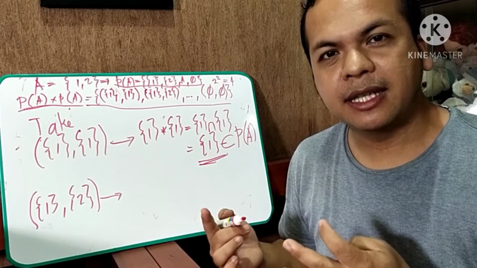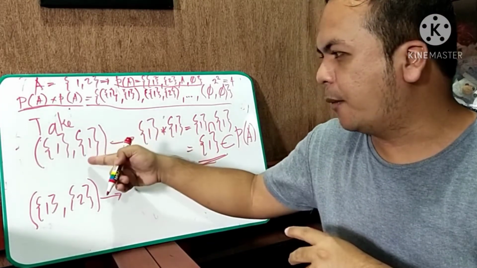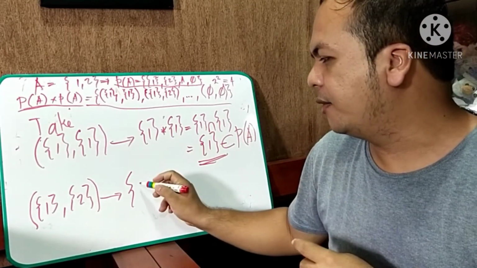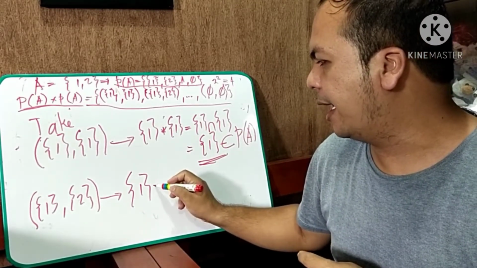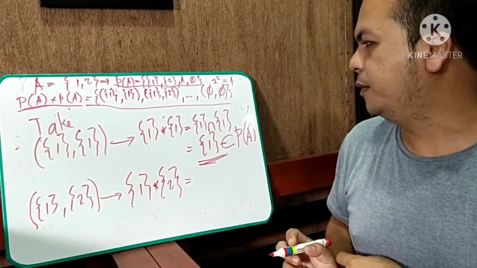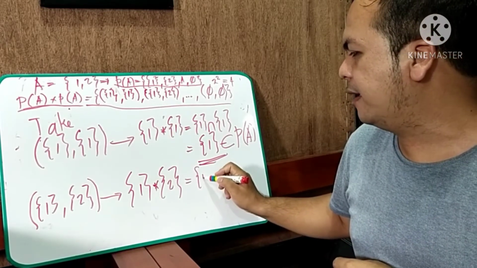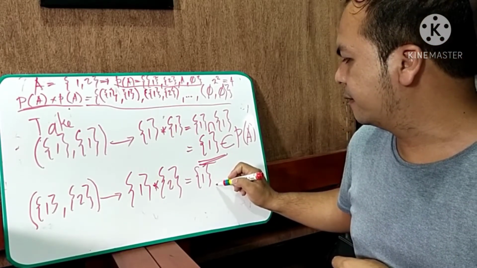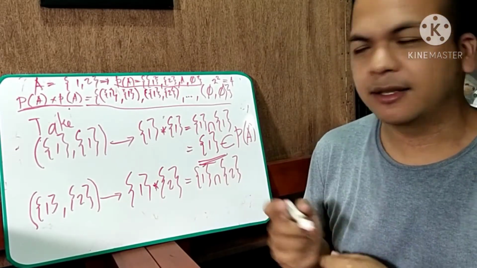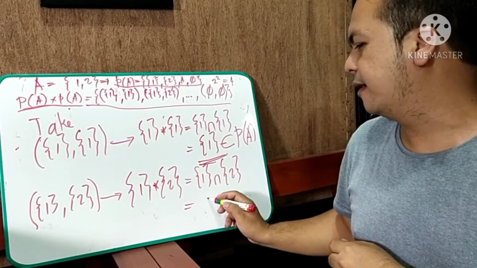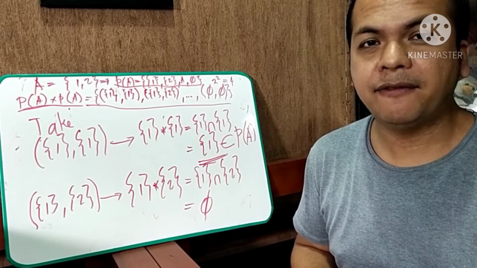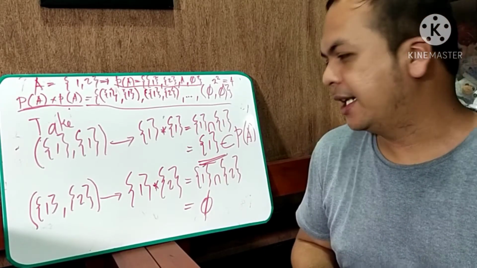Gawin natin yung exactly the same procedure na ginawa natin for this ordered pair. So, we have, put natin yung star ng set containing 1 and set containing 2, which is equal to their intersection. So, what is the intersection of the two sets? The intersection is the empty set. Wala silang common element. Therefore, ang kanilang intersection is empty.